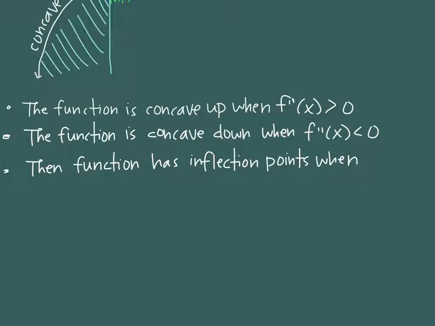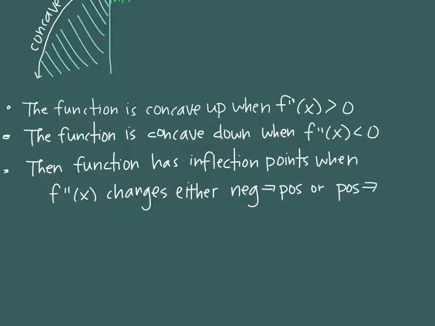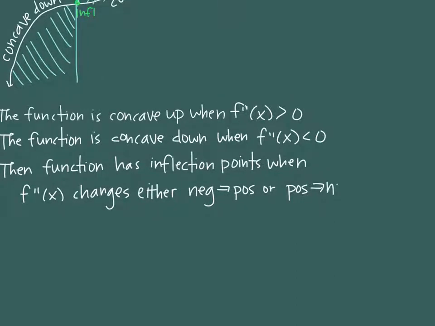It has to do with the change. When f double prime of x changes from either negative to positive or positive to negative, when that change happens.